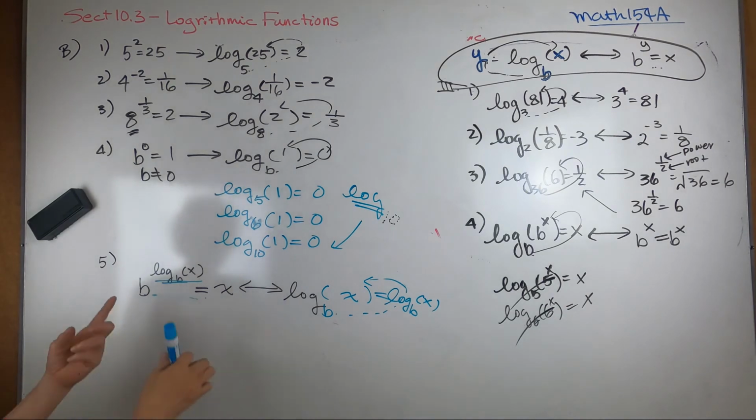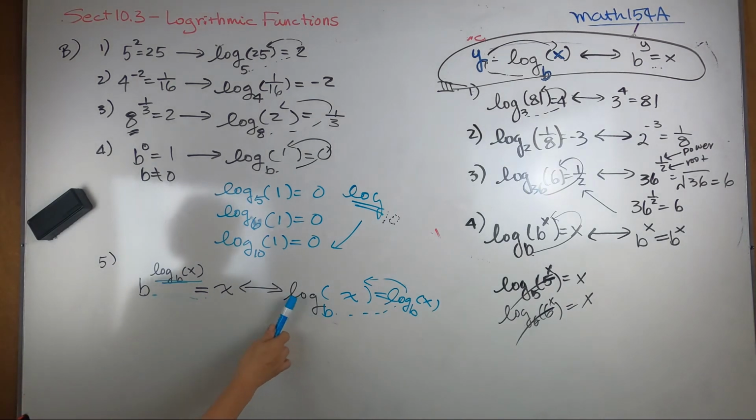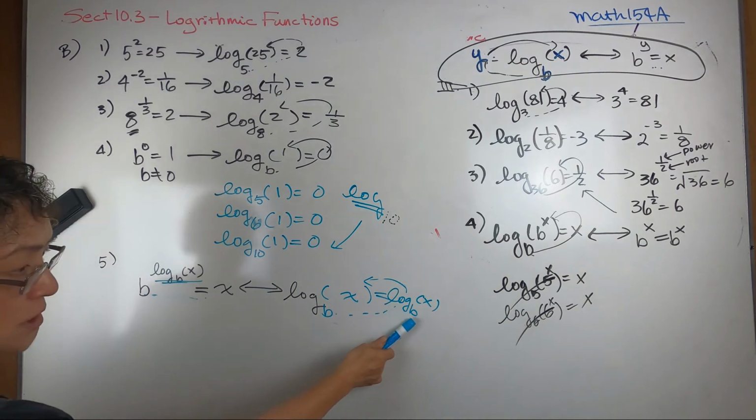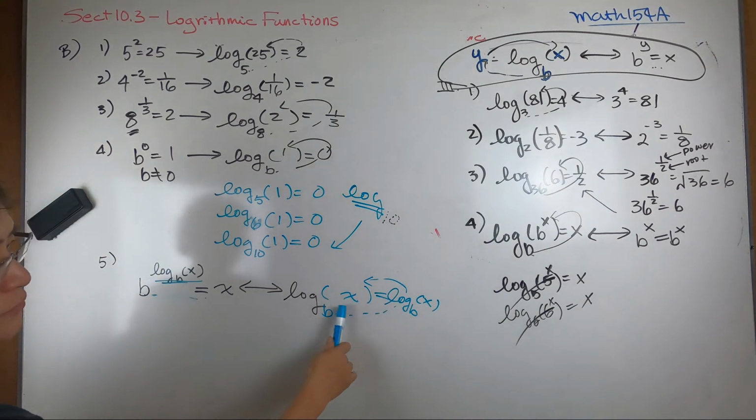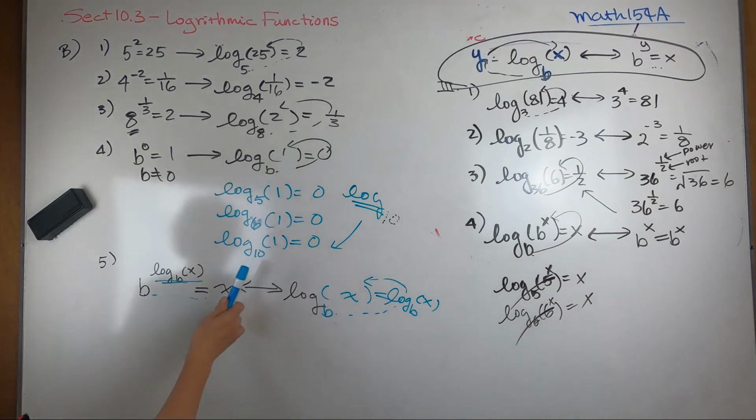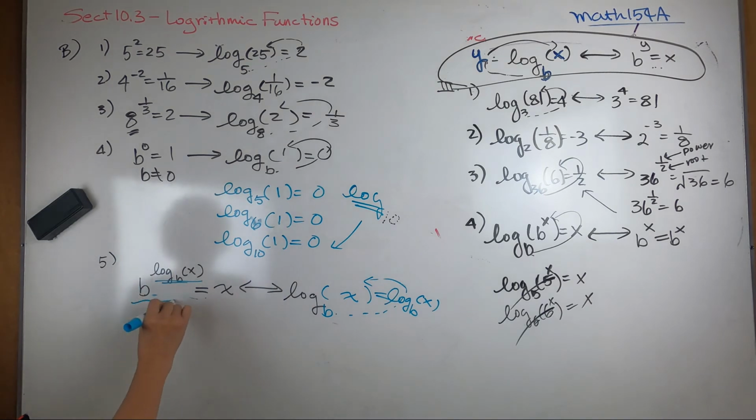Right? You rewrite this, end up with this. Log b of x equals log b of x. Are they the same? Of course, they are the identical thing, but at the same time, we will rewrite it in the exponential style. You will end up this way.